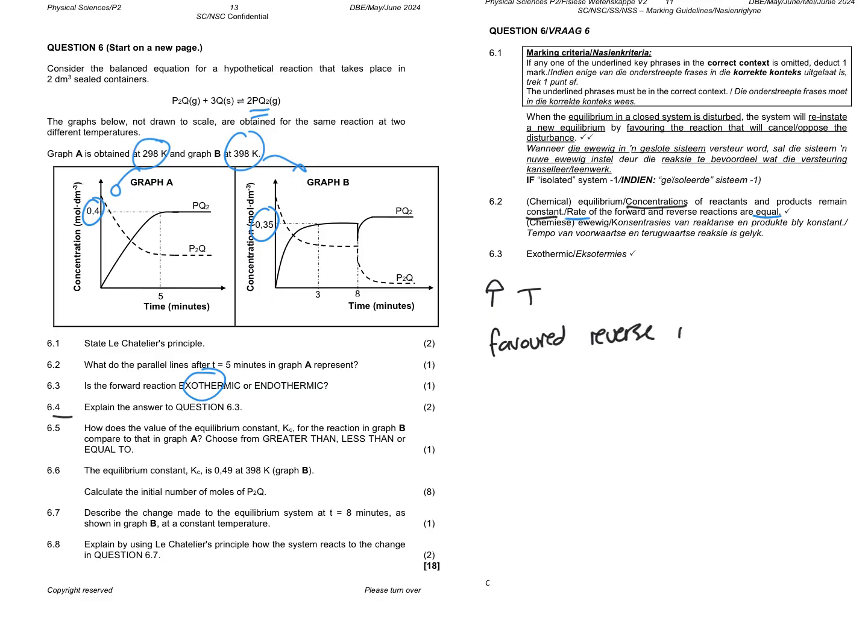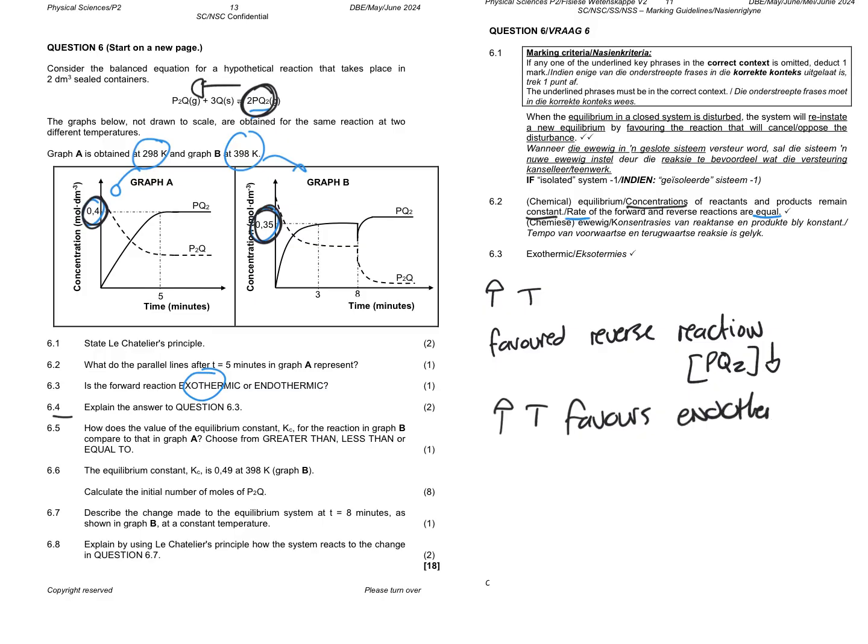You increase the temperature and you favored the reverse reaction because the concentration of PQ2 decreased. It went from 0.4 to 0.35, which means less of this was made, which means you favored the reverse reaction. And an increase in temperature favors the endothermic reaction.